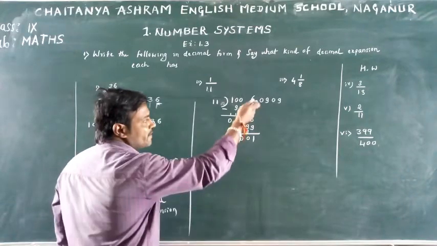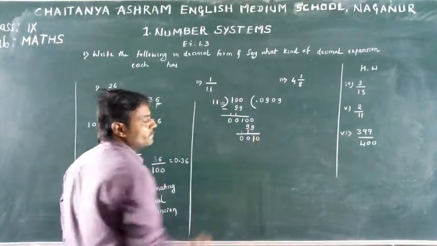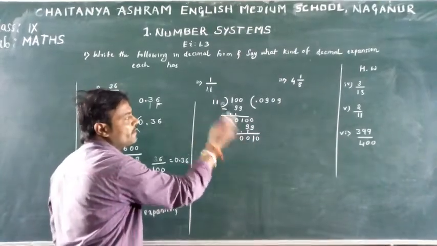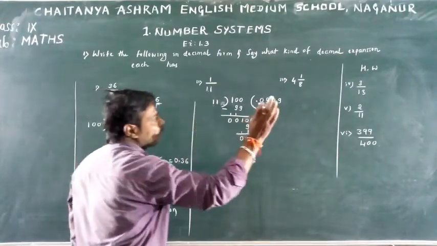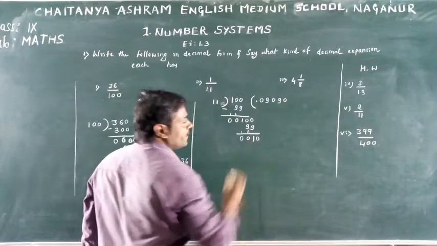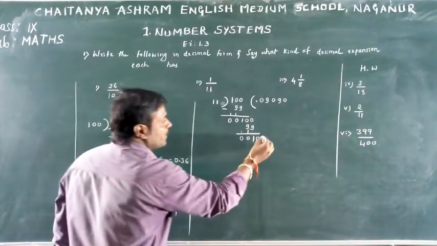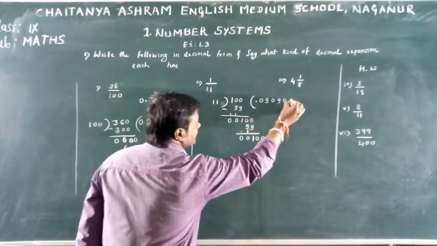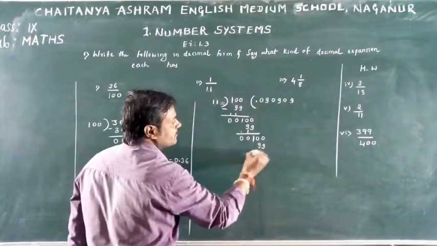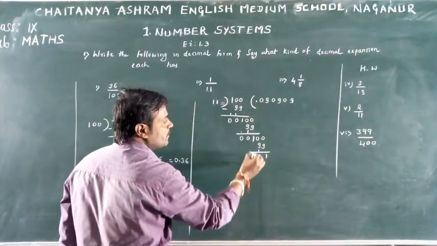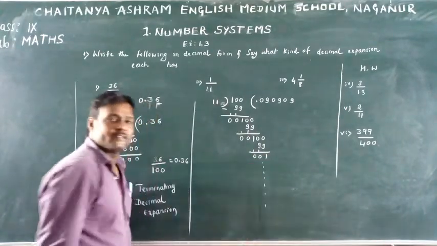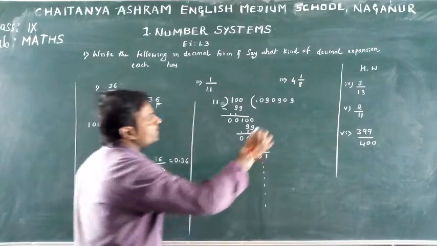So now there is a decimal, write 0. Again it is smaller than 11. No problem, don't worry. Write 0 in the quotient place. Take one more 0. Now it is 100. So 11 9 ja 99. Dear children, this goes on the same. Here also it goes on.